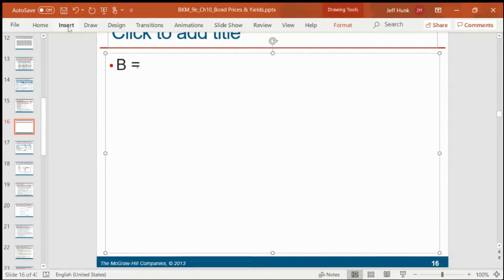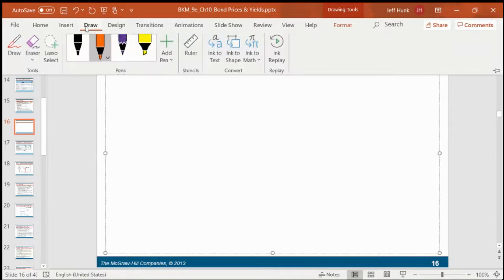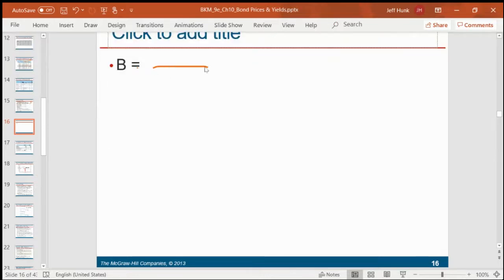We already know the formula. The present value of annuities is the coupon.